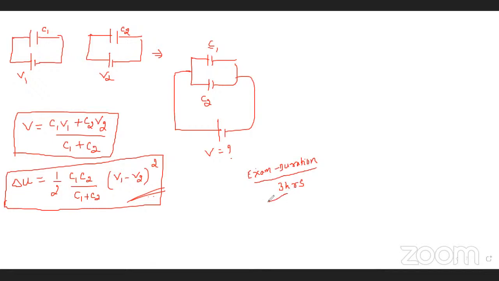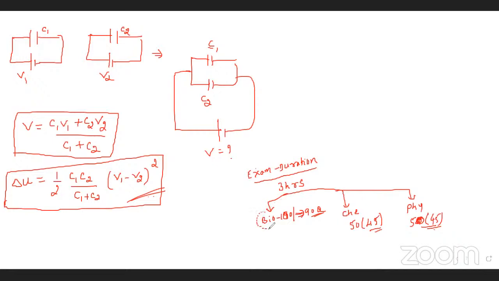As per the question paper pattern, you will have biology, totally 100 questions, but out of 100 you have to attend only 90. Chemistry, 50 questions, you have to answer 45. In physics, 50 questions, 45 you have to write. So, as soon as you get the question paper, try to attend the biology paper first.